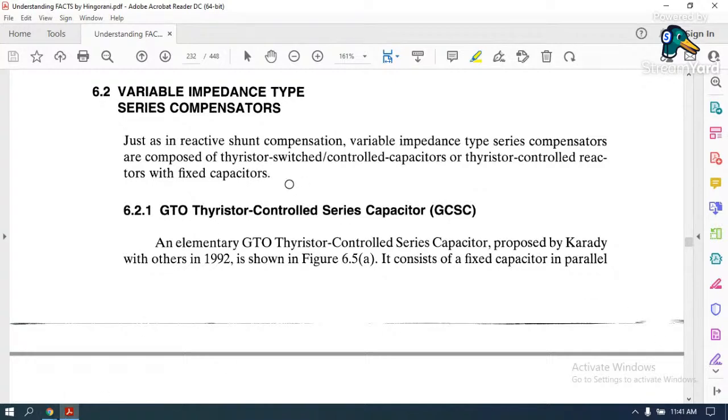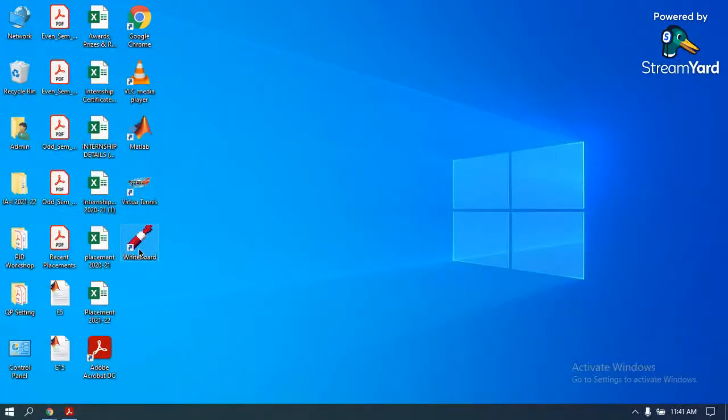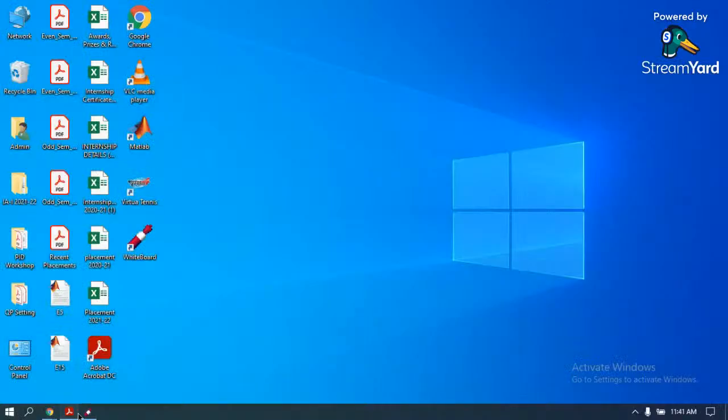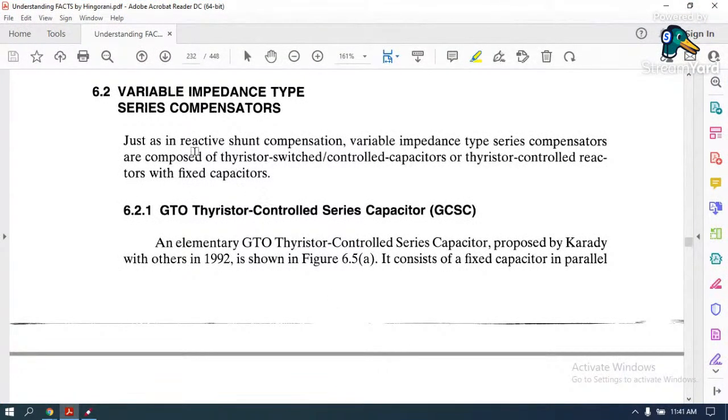See what it says. The series compensators are composed of, first, thyristor switched capacitor, then thyristor controlled capacitor.